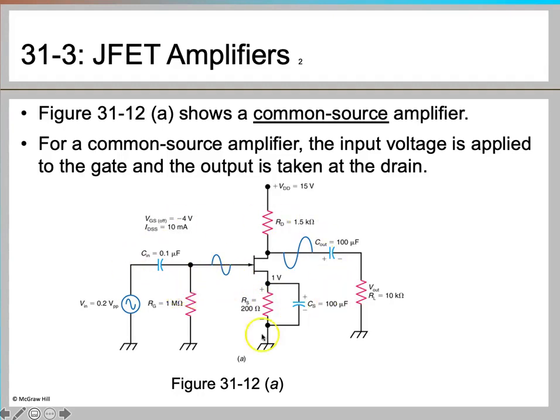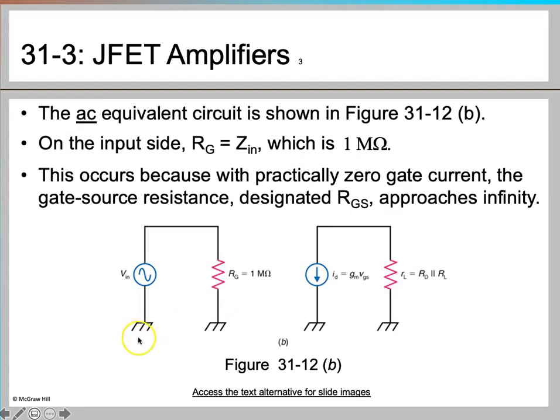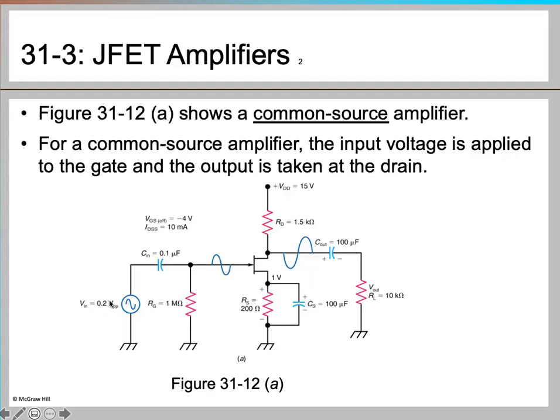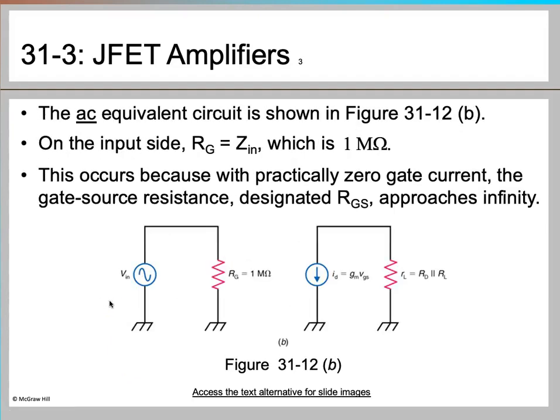So this is a common source amplifier, and we are going to see the AC equivalent model for this particular circuit. This shows the AC equivalent circuit of the previous circuit, which has been formed from it. RG is your 1 mega ohm resistance, and this represents your input voltage.